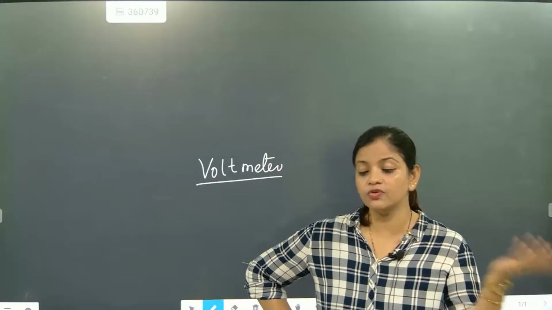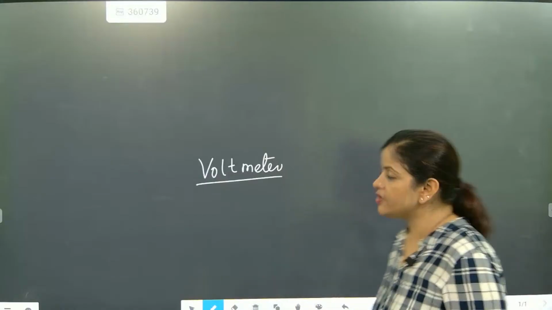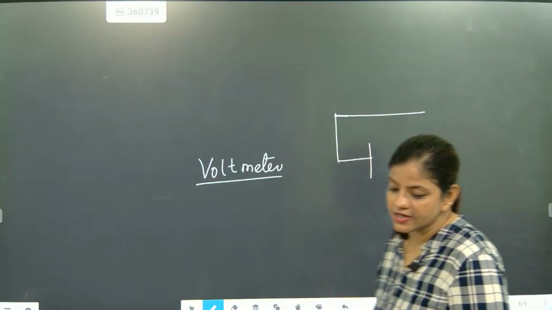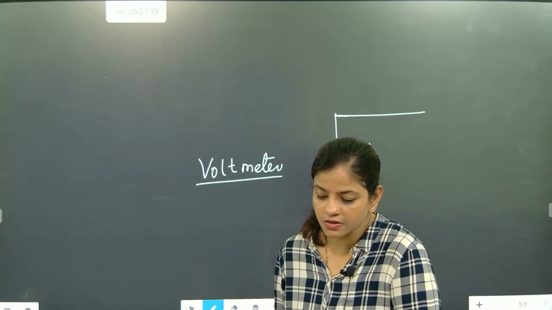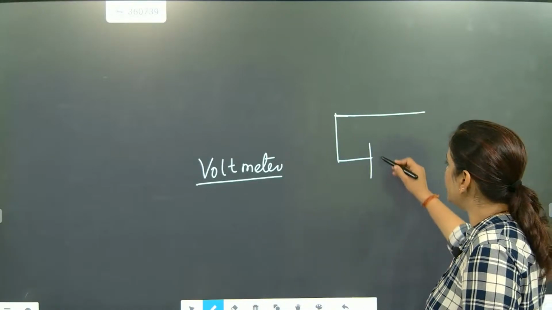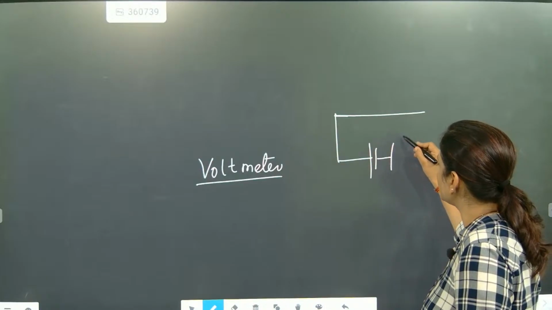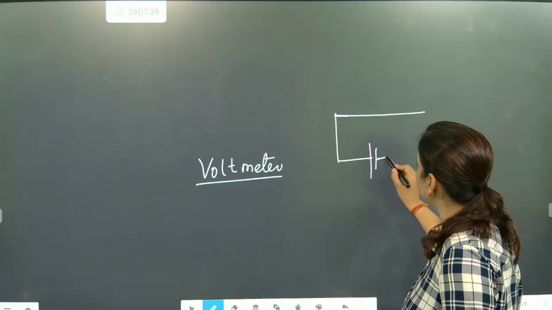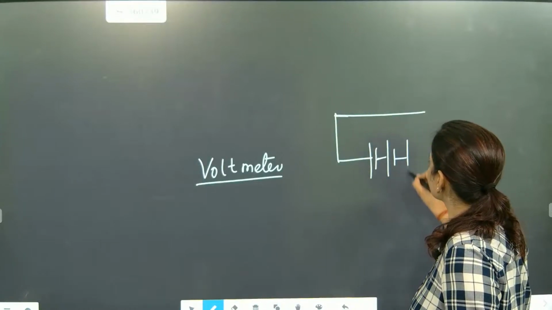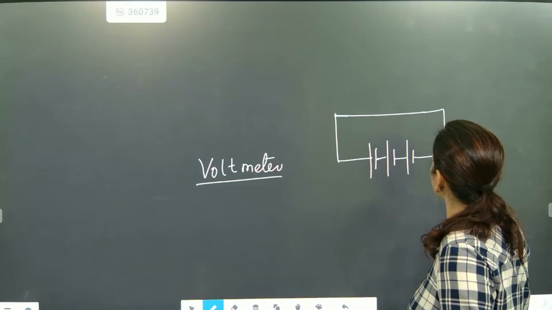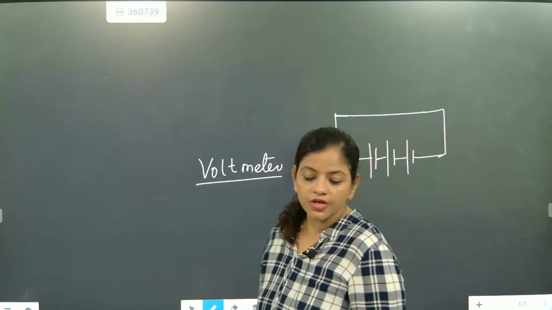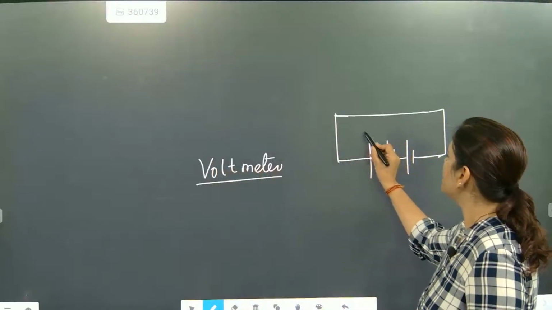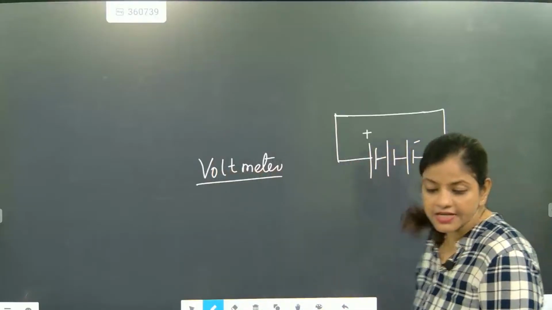So now we understand like this: whenever we are drawing a circuit, this is considered higher potential, and this is considered lower. Now look here. This is going to be the positive terminal, and this one will be considered the negative terminal.